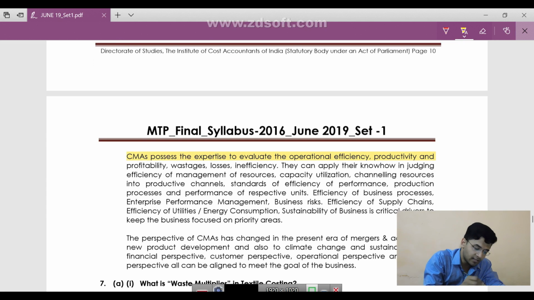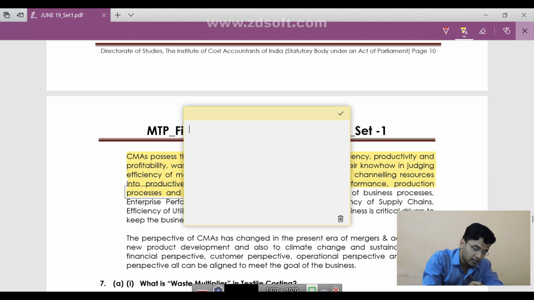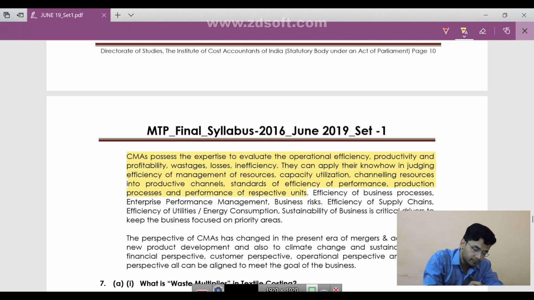The most important paragraph in this entire answer is this, that the auditor, the CMA, has the adequate qualification with respect to analysis of operational efficiency, productivity and profitability wastages. Then they can apply this on the resources of the management and assess the effectiveness of the business.